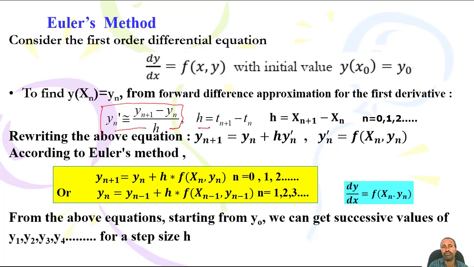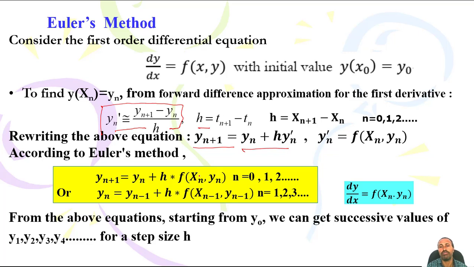Here h is just the step size t n plus 1 minus t n, or in terms of x, h is equal to x n plus 1 minus x n, where n is 0, 1, 2, etc., because we start from x naught. If you rewrite the above equation, you have this one.